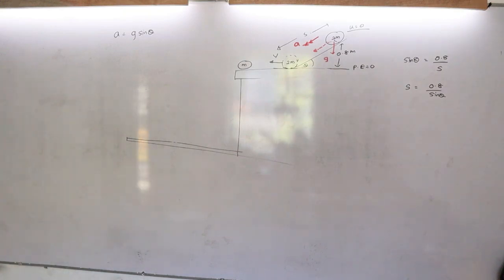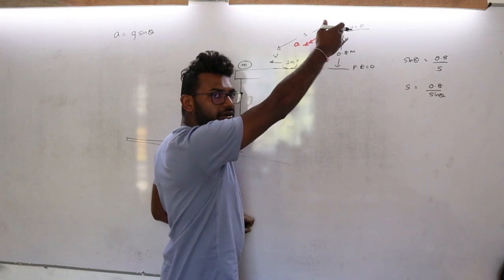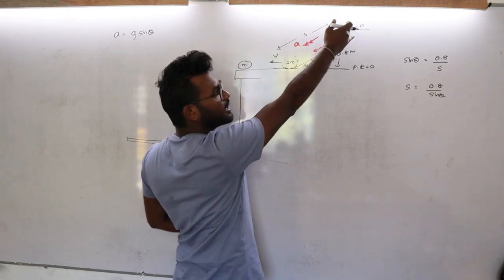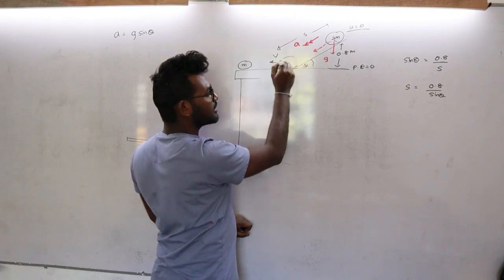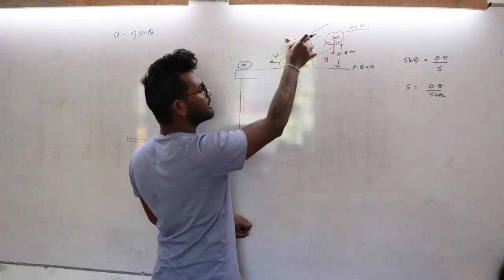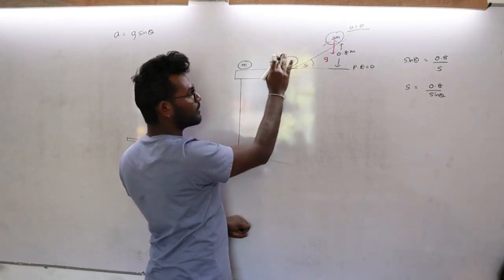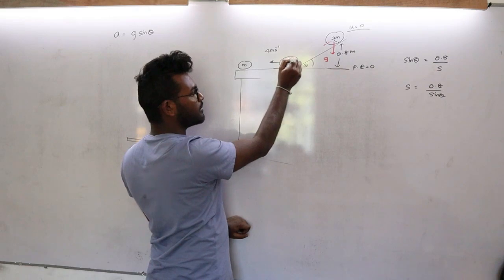Now, what exactly is going to happen here is that it is placed on an inclined plane. It slides down and gets a velocity here. What's that velocity? We found it to be 4 meters per second with the mass 2m.